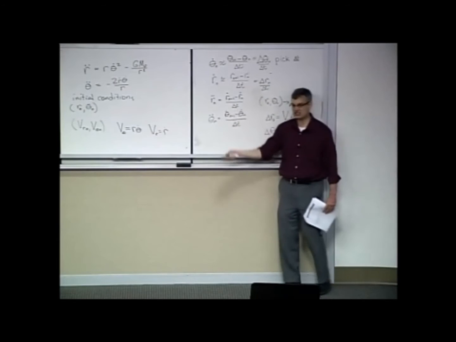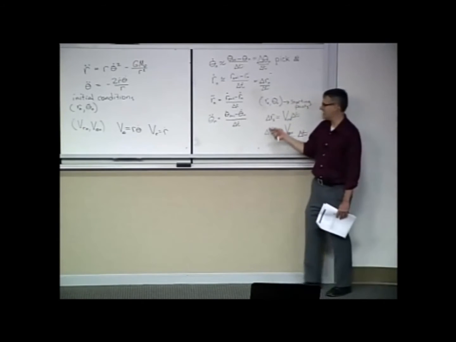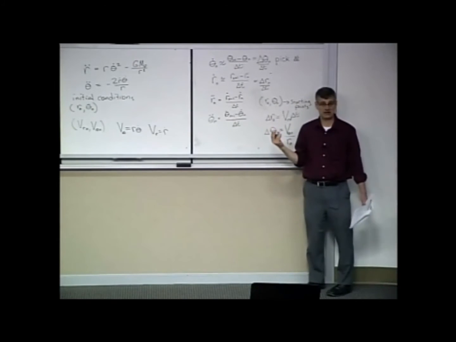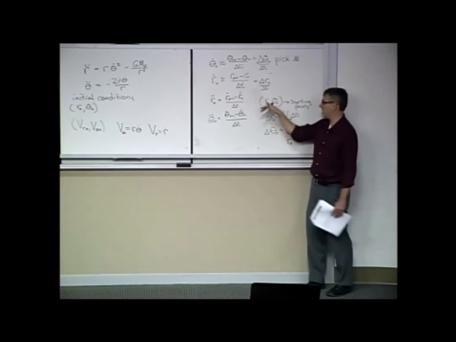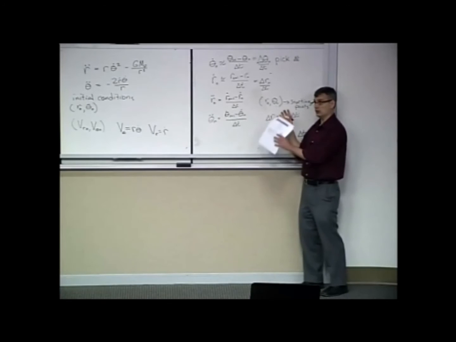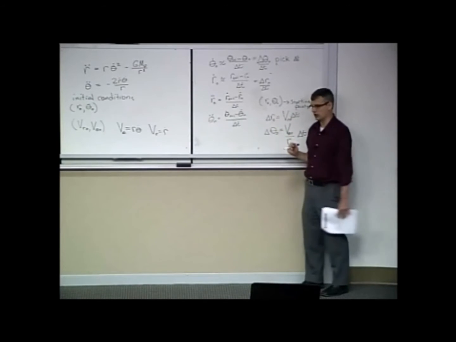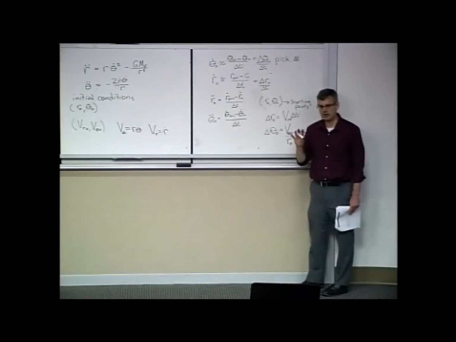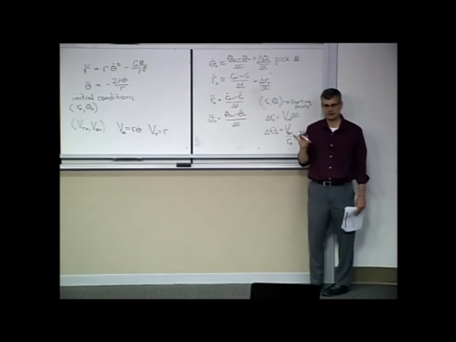And then for the next delta t increment in time, those same set of equations should relate my r1, theta 1, delta r1, and delta theta 1 to my r2, theta 2, delta r2, and delta theta 2. So we're coming up with a set of difference equations to discretize this dynamic system.